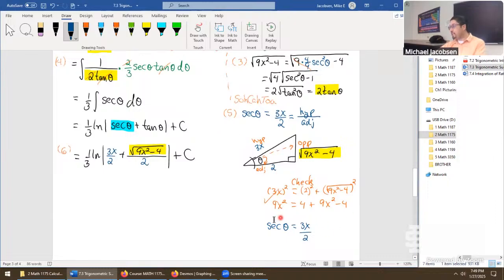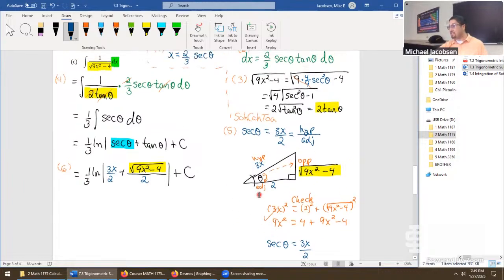So again, doing it this way, even though that was there, is not a bad idea because it's another check. Did the diagram even make sense when we built it? This SOHCAHTOA stuff, especially with the secant function, which flips the order of the fraction, is easy to lose track of until you practice it a whole bunch. So that's a good double check as well.